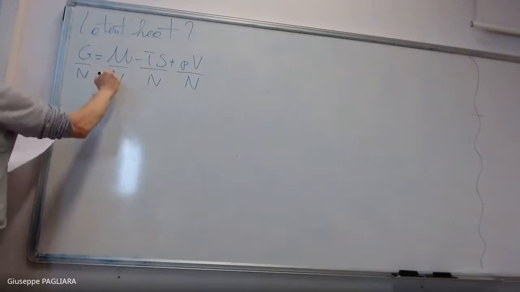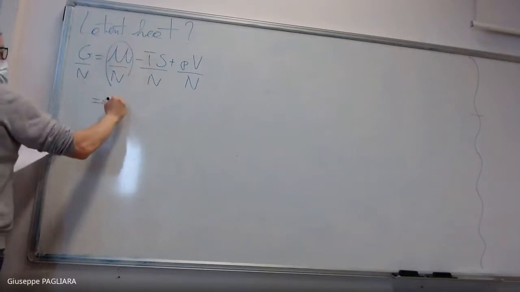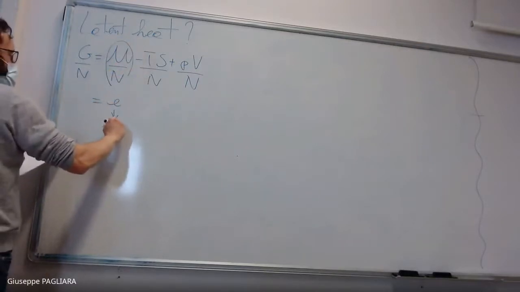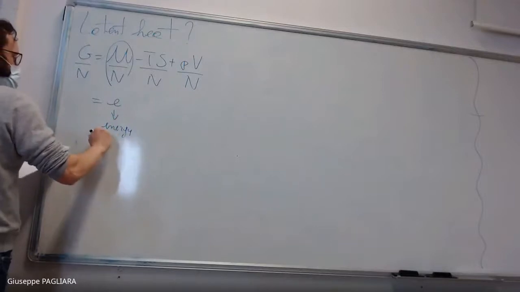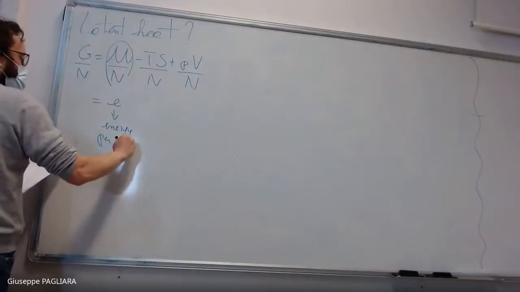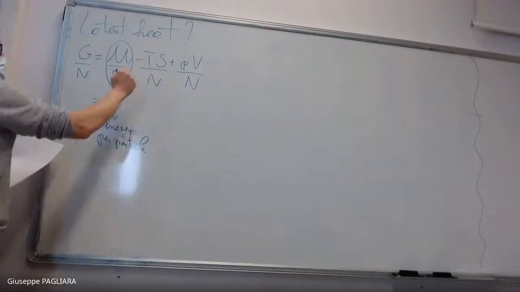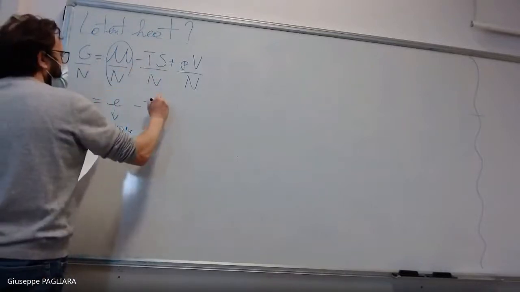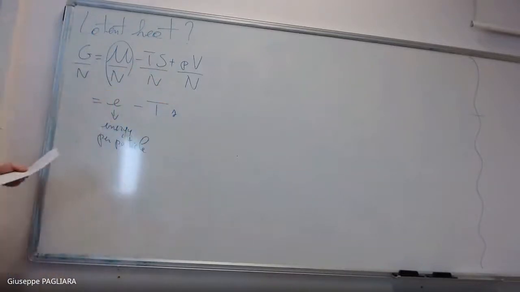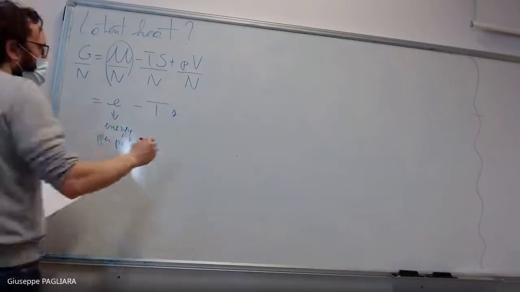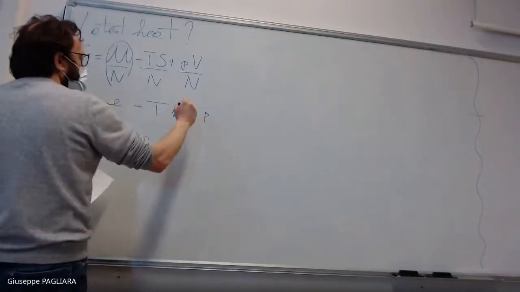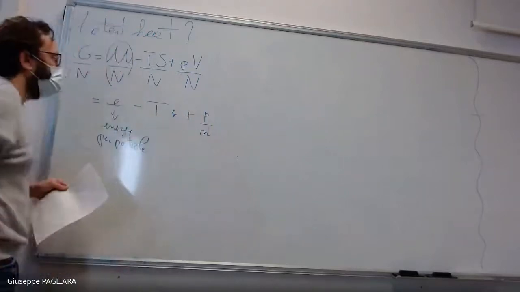This, let's call it e, is the energy per particle. This is minus T times small s, which was the entropy per particle, plus P times 1 over n, where n is the density.